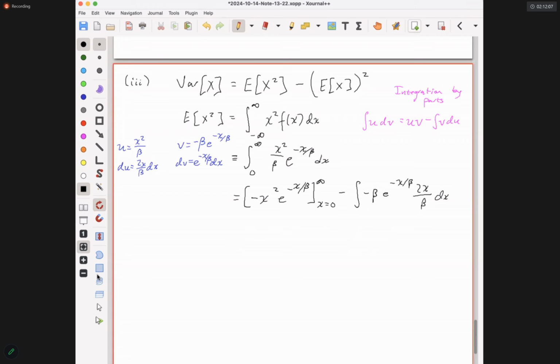And this first one is going to end up as 0. Because here at infinity, that's decaying to 0.